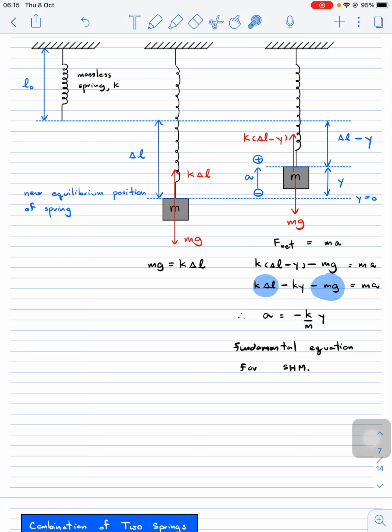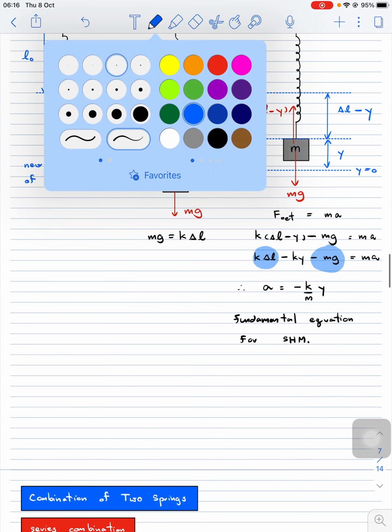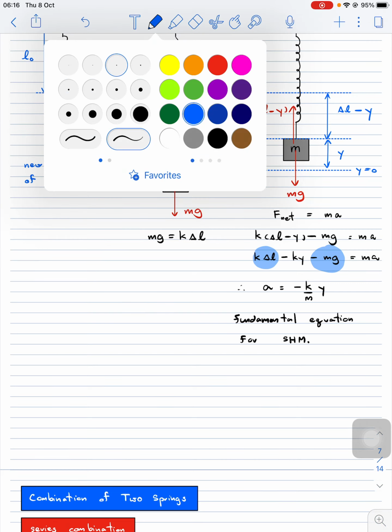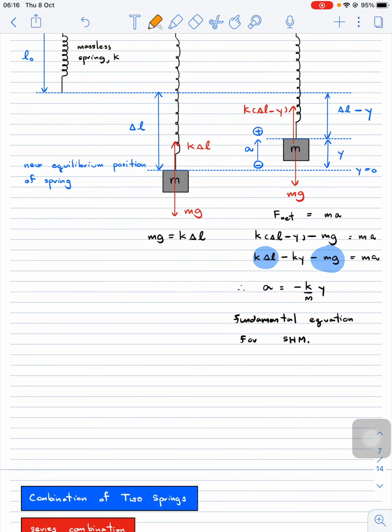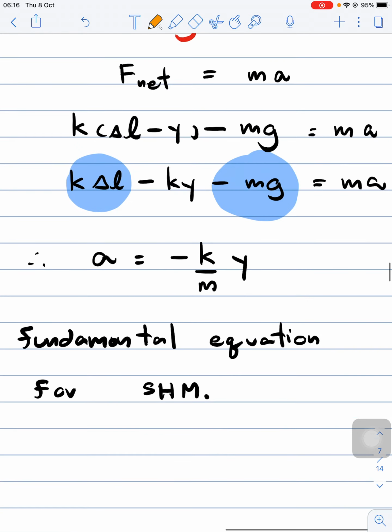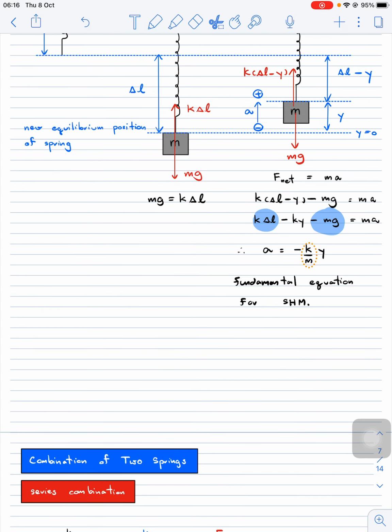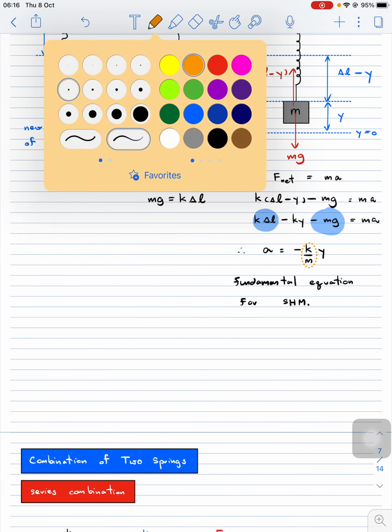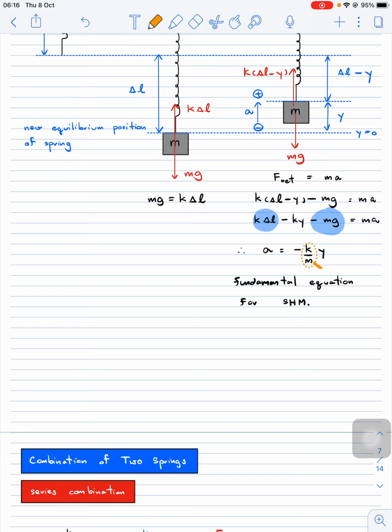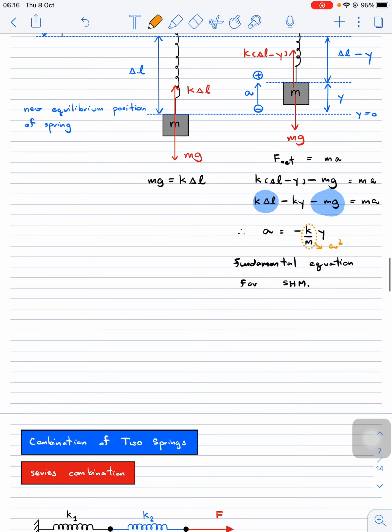If we compare to this one, we have the same form. So the block m here will move in simple harmonic motion, and you can see that this term is going to be equal to omega squared.